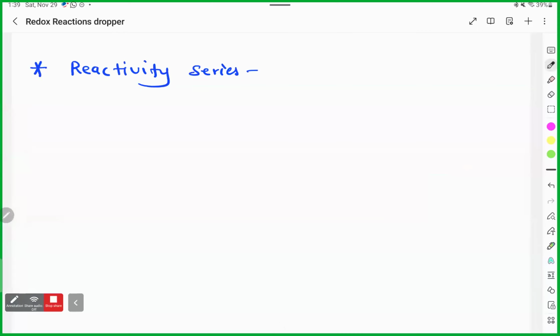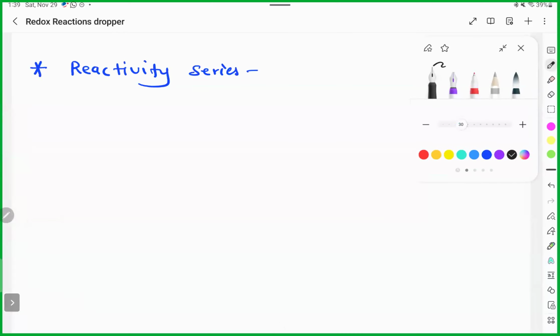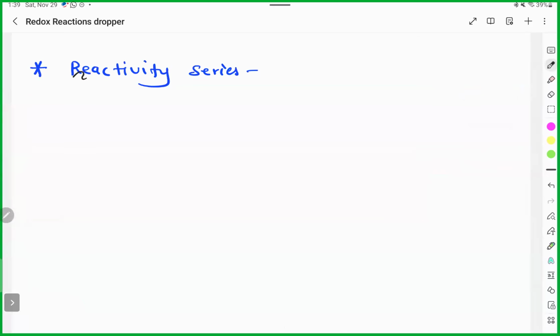No. Reactivity series. In the reactivity series, we have to see which element is more reactive. Example, if you take zinc, copper, and silver, in a reactivity series, zinc is most reactive.